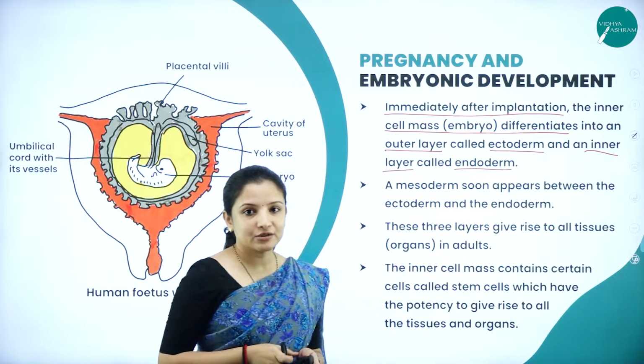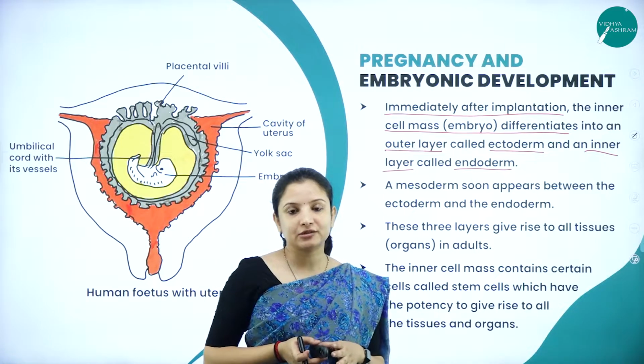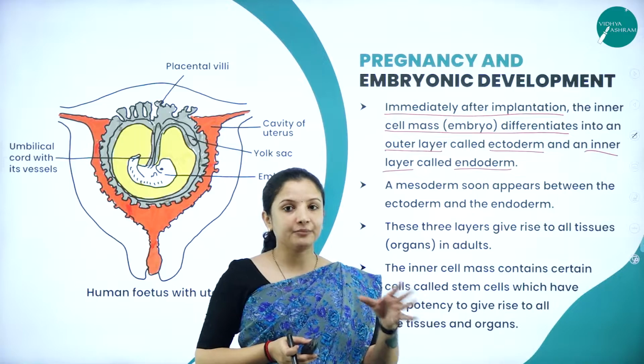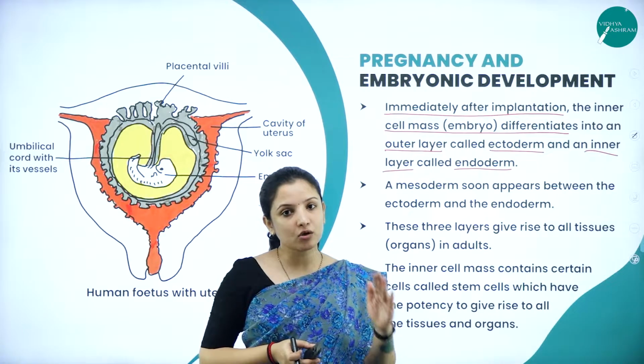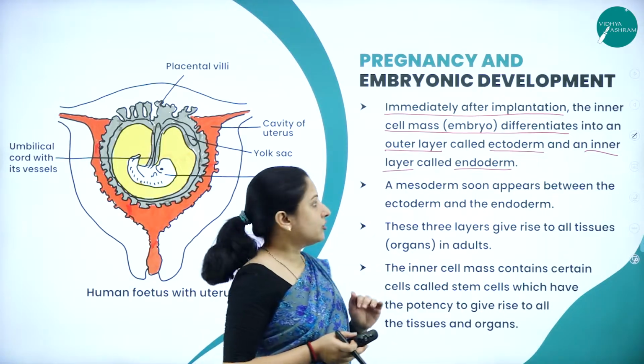Now, the embryo after implantation has an outer wall, that is ectoderm, and an inner wall, that is endoderm.